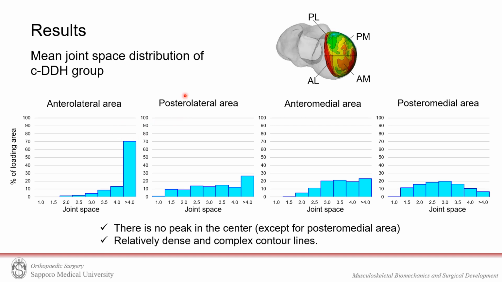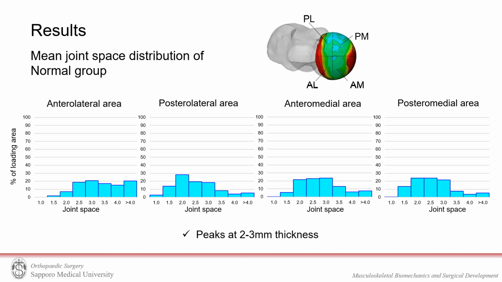As in PWD-DDH, this group also has no peak in the center, and relatively dense and complex contour lines. This slide shows the normal group. This group has a peak at the joint space of 2 to 3 mm and has concentric contour lines.